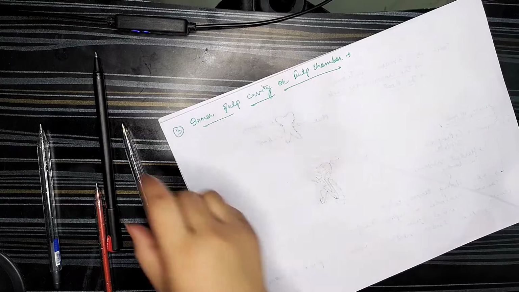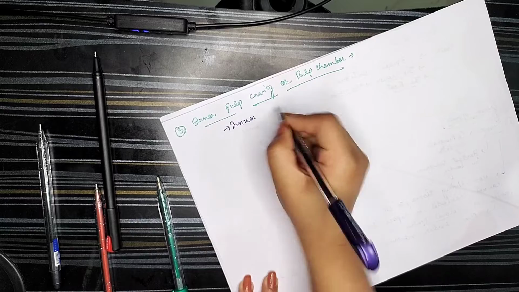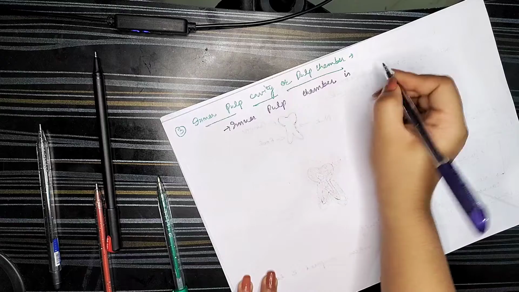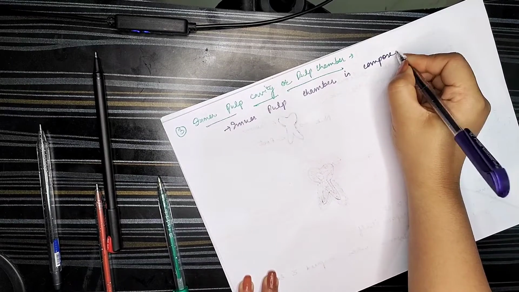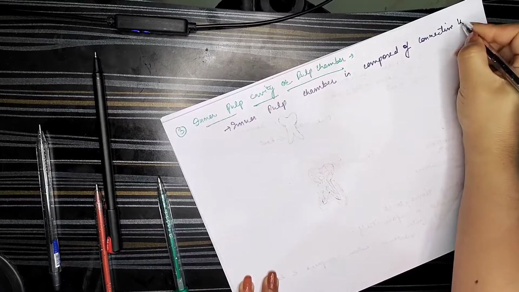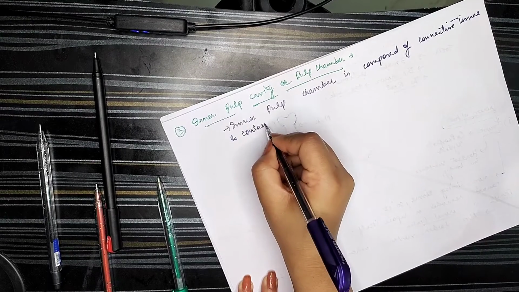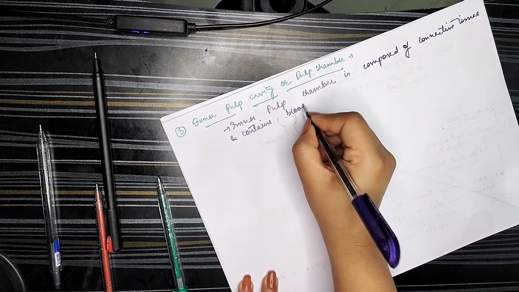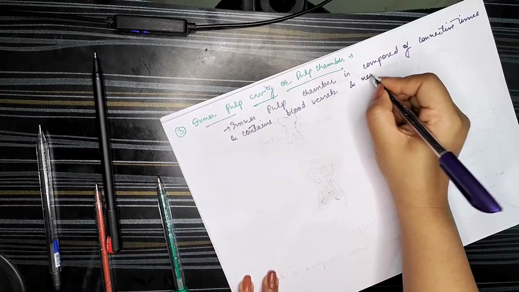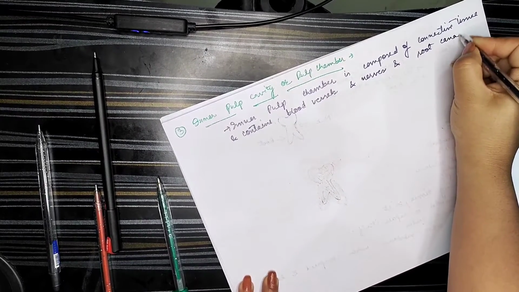The inner pulp chamber is composed of connective tissue and contains blood vessels, nerves and root canal.